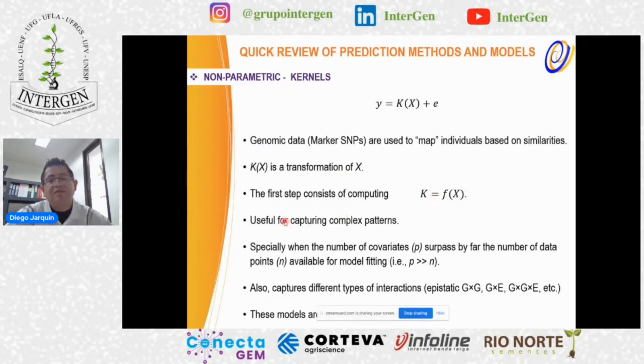And this is very useful for capturing complex patterns that we cannot identify or that are difficult for us to propose. Sometimes we might have some feelings of what those could be, but when we don't have any idea, we can use these methods, especially when the number of covariates P surpasses by far the number of data points available for model fitting, so P greater than N. It also captures different types of interactions: epistatics, G by G, G by E, and epistasis by environment.